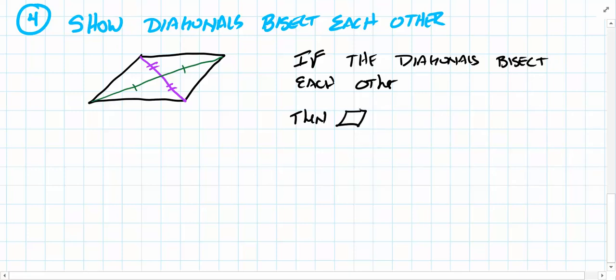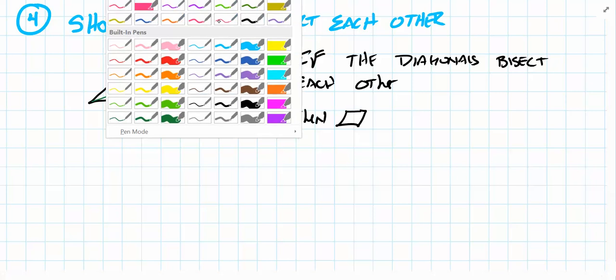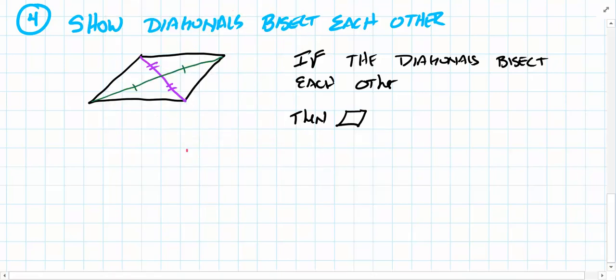So what do we say in the proof? Here's what we say in the proof: if diagonals bisect each other, then basically we say the exact same thing, we just wrote down the theorem.